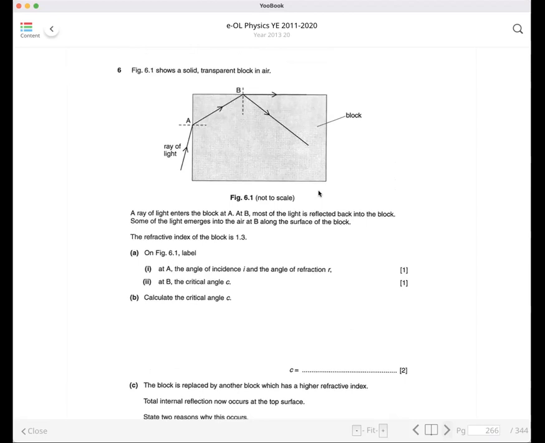Basically, if this block has increased to a bigger refractive index, what happened next?